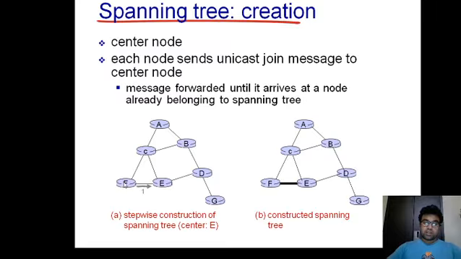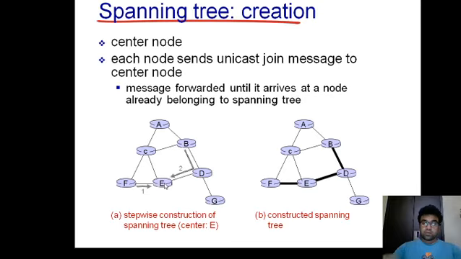So let's take an example. E is a center node, or E is a rendezvous router. Now F is sending that tree join message to E with the help of distance vector routing algorithm. And once that information reaches E, this path or this branch will become part of the spanning tree.